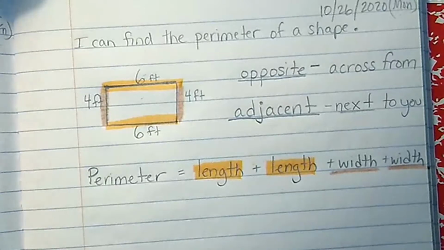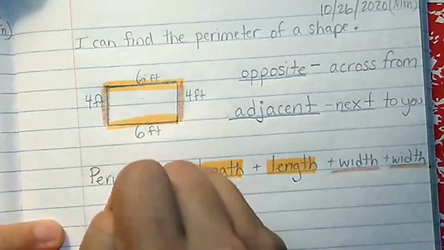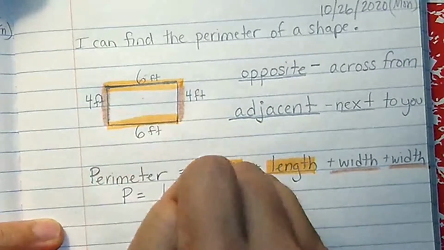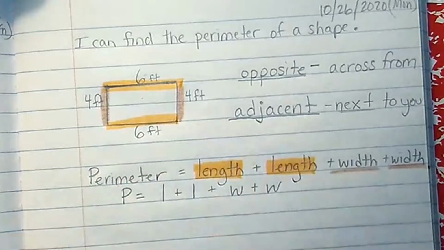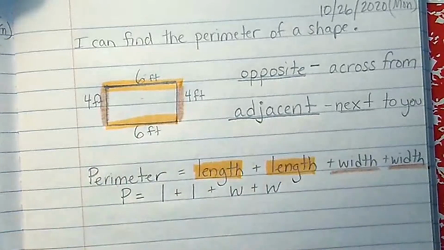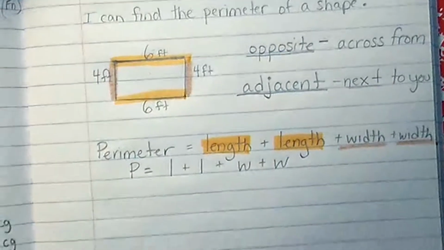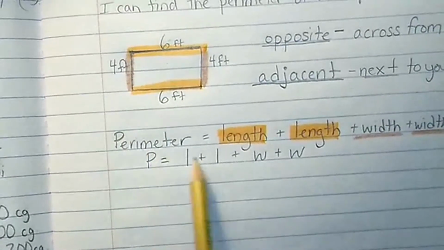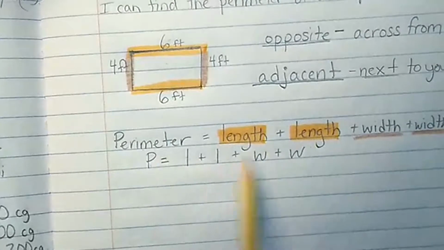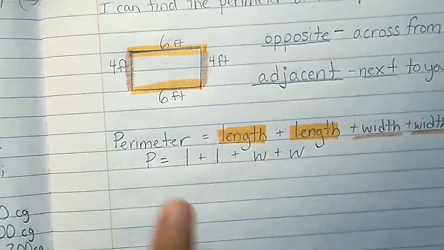So let's write the formula that we're going to use. Instead of writing out this every time, we're going to write P equals L plus L plus W plus W. And I'm pretty sure you can figure out what those stand for. The P is for perimeter. Perimeter equals length plus length plus width plus width.